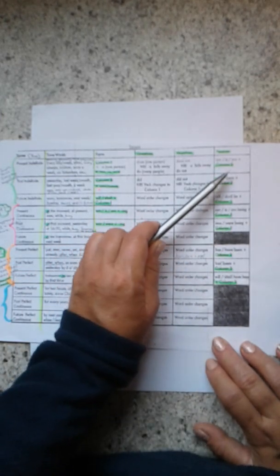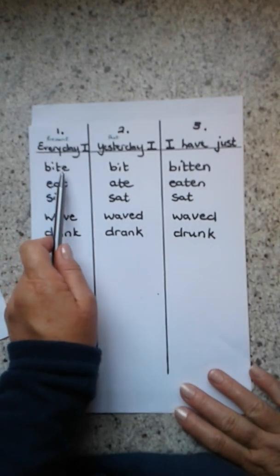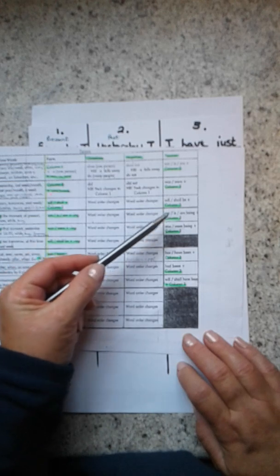Future: you will note that all of them use the third column form of the verb, which is this one. Every day I bite, yesterday I bit, I have just bitten. So for all of your changes into passive voice, it will be bitten.